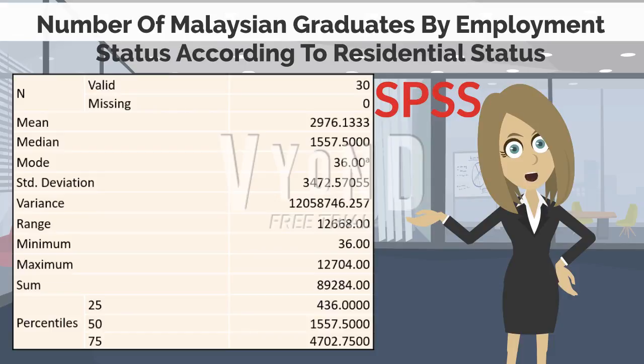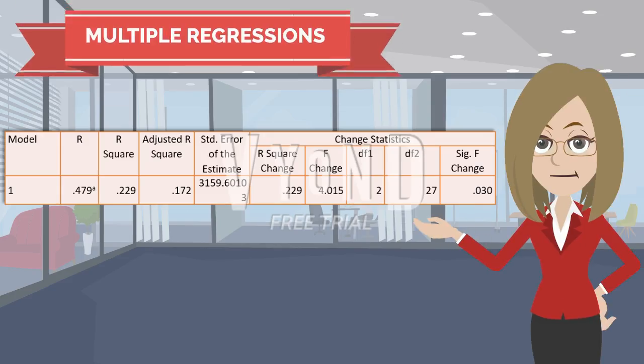Lastly, for the measure of variation, the range is 12,668.00 graduates.